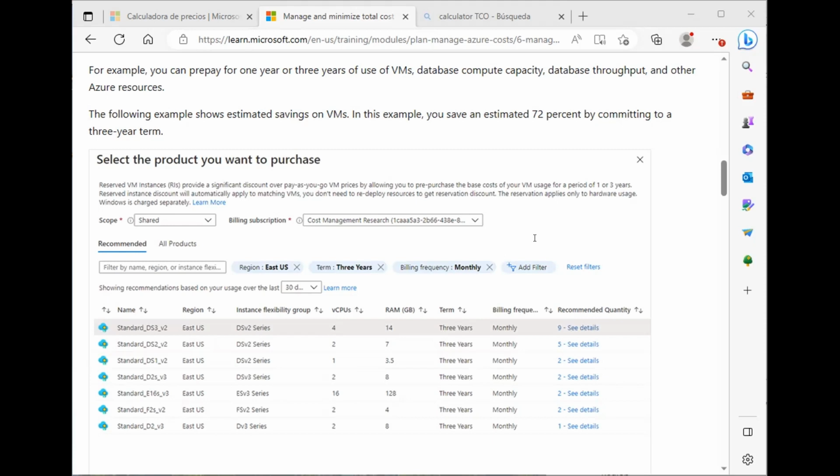Scope: shared billing subscription. Cost Management recommendations, recommended by product, show a recommendation based on your usage over the last 30 days.